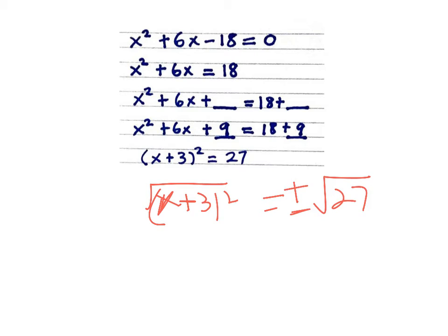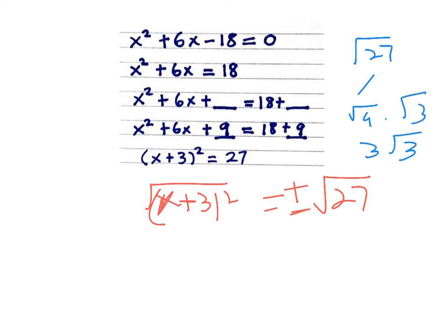Now on the left side, the square root is going to cancel the square and leave you with x plus 3. On the right, remember that the square root of 27 really is 3 root 3. If you break 27 up, the square root of 27 is the square root of 9 times the square root of 3, which is 3 root 3.